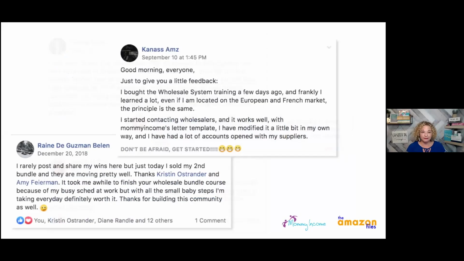Here's a couple more. Just looking at it, located in Europe. Is anybody here from across the pond, from the UK or from another country besides the US? Anyone? Any Australian friends here? Awesome. Canada, Australia, UK, the French market. I even have some people in Japan trying this out.